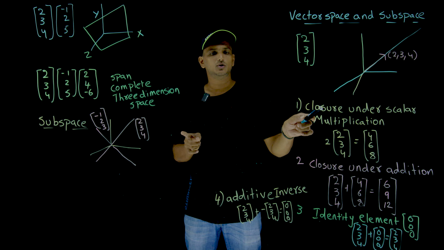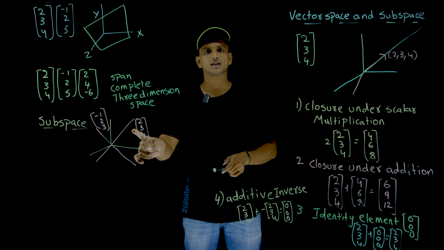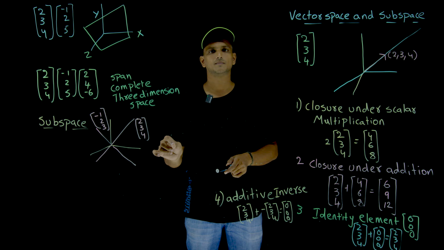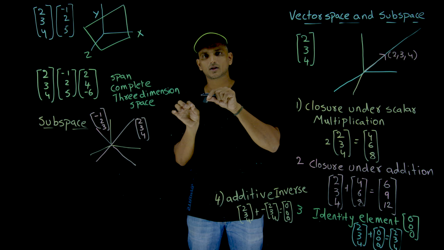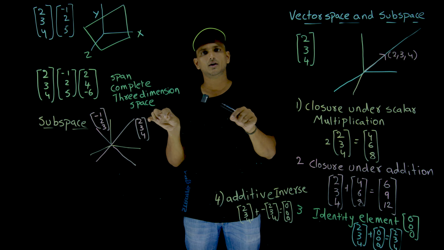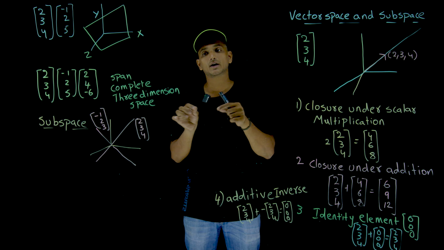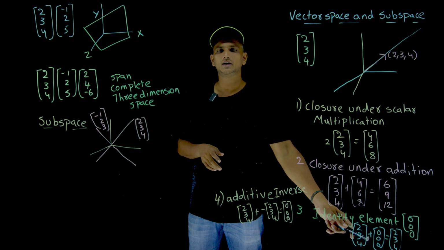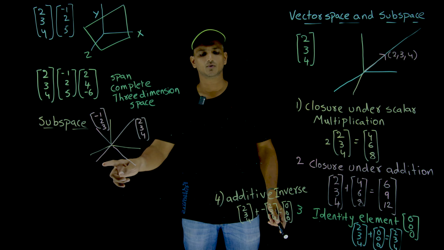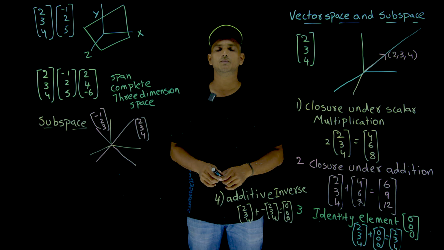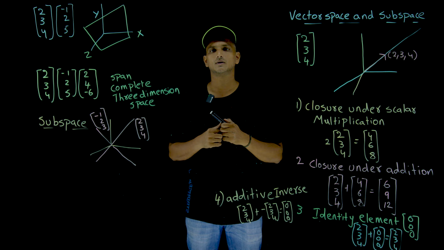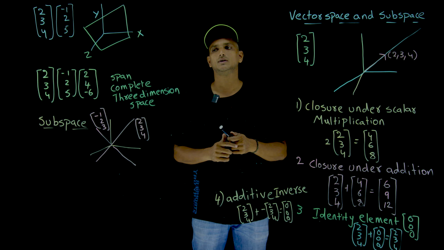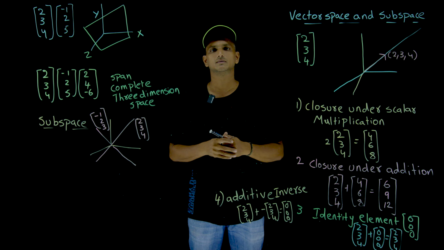You multiply this with any scalar, you are going to get a vector on the same line. You take any two vectors on this line and add them up, you are going to get a vector on the same line. We have the identity element, it is passing through the origin. We have an inverse element for all the vectors. So that's why this is a subspace of this vector space.